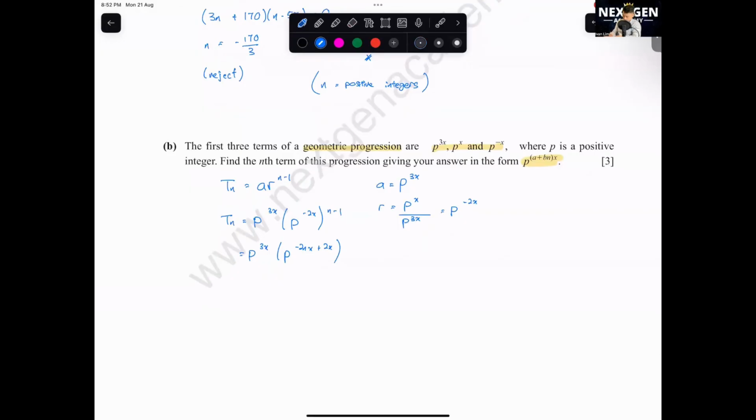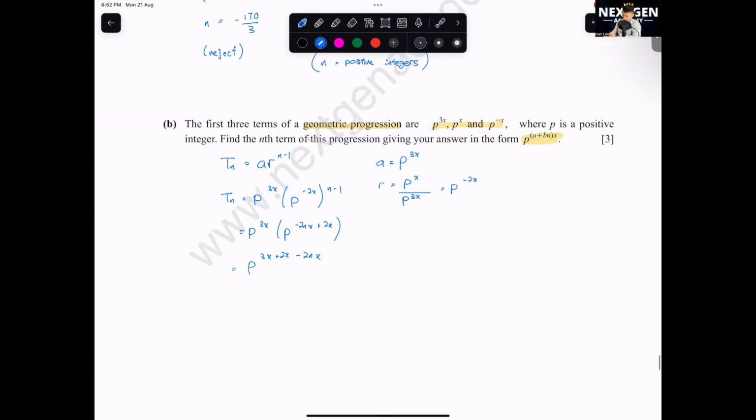Then you add up. This one will be p to the power of 3x plus 2x minus 2nx, p to the power of 5x minus 2nx, and you simplify it. p to the power of (5 minus 2n)x.